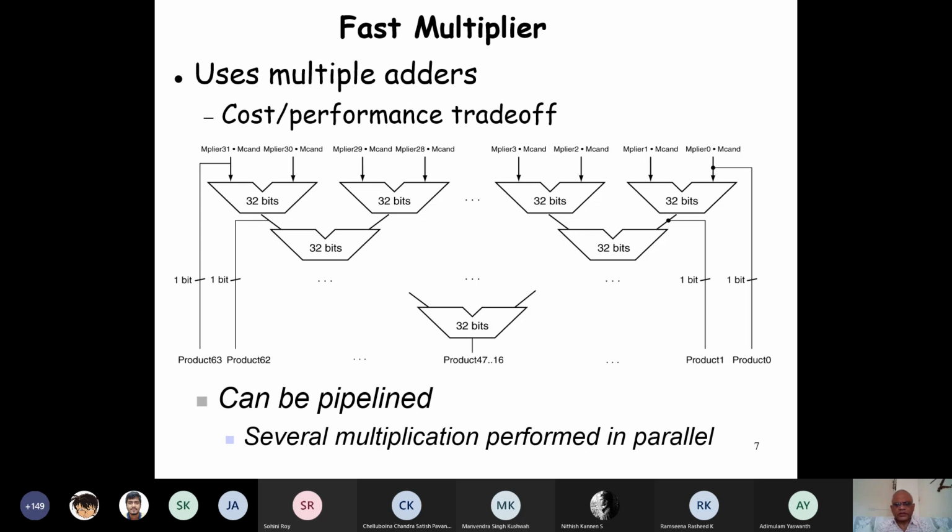For this fast multiplier, for 32-bit number multiplication, how many 32-bit adders do we need? Can you answer, Jagriti? So calculating. Doesn't need much calculation actually.